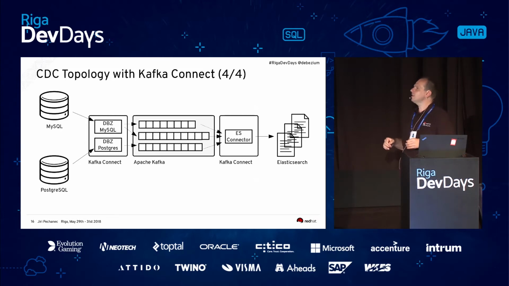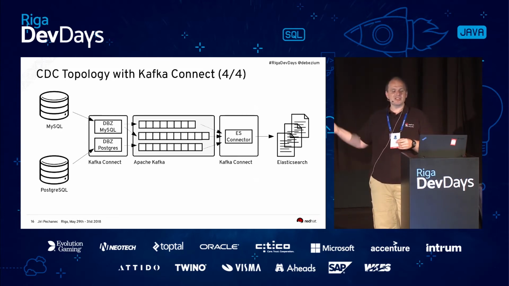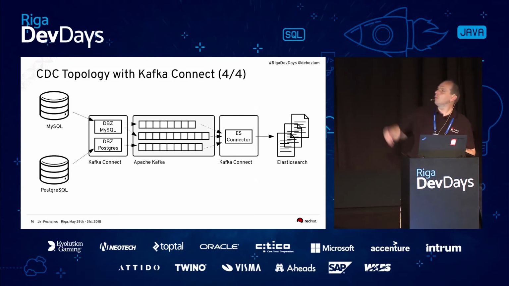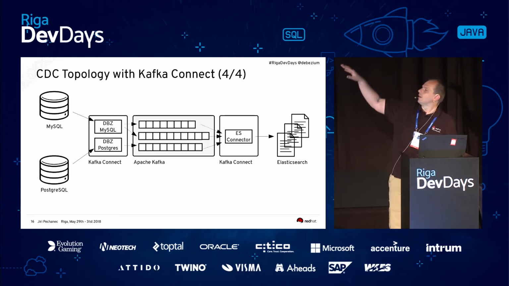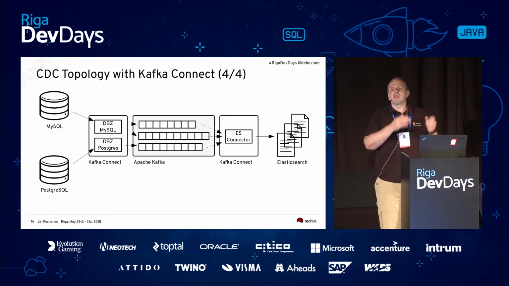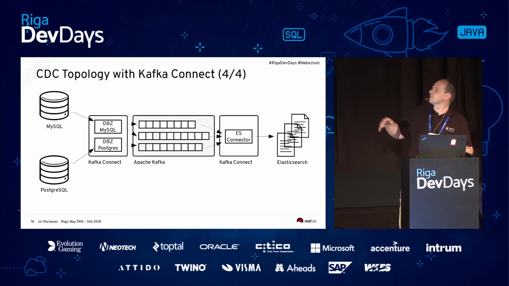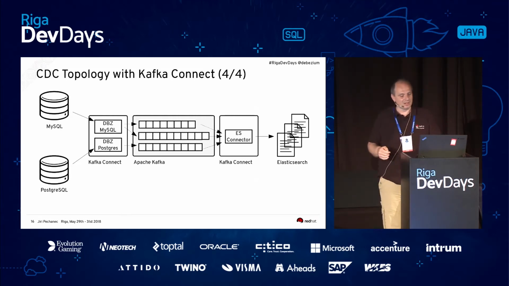On the output side, let's suppose that we have Elasticsearch as a destination system. We would use the Confluent Elasticsearch connector to process the messages that Debezium has created, and the data are then written to Elasticsearch. So the data in the database and the full text index in Elasticsearch are kept in sync.